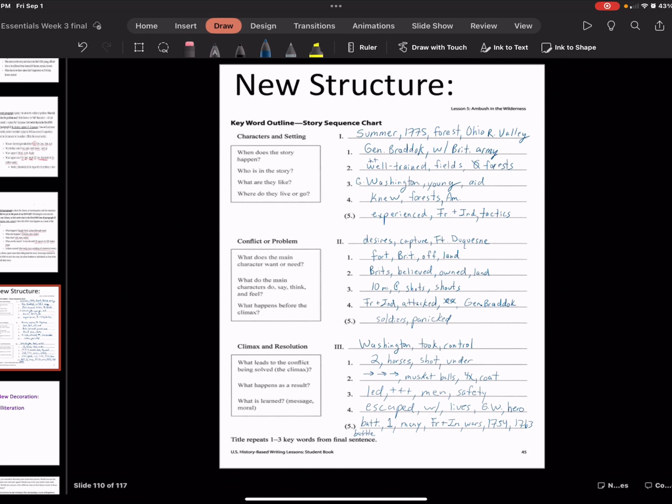Because it's going to be a good test for you to know whether you're doing a good job writing your keyword outline or not. If you wait 24 hours and you look at your keyword outline and you cannot figure out what the story was based on it, then it means you need to fine-tune those skills on translating it into a keyword outline a little bit better.